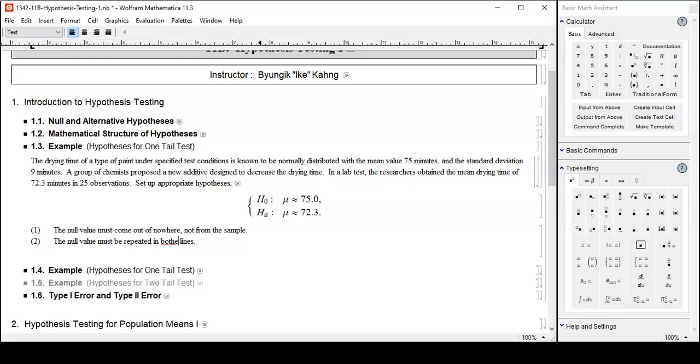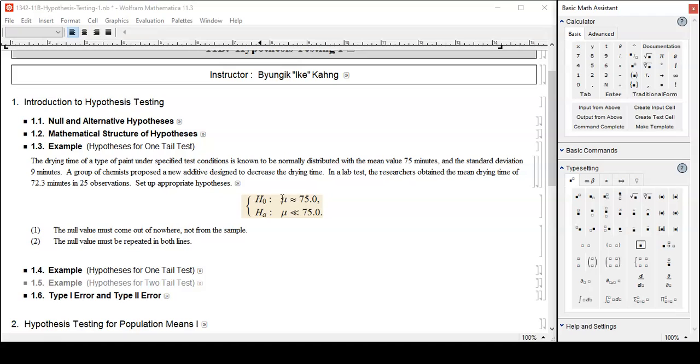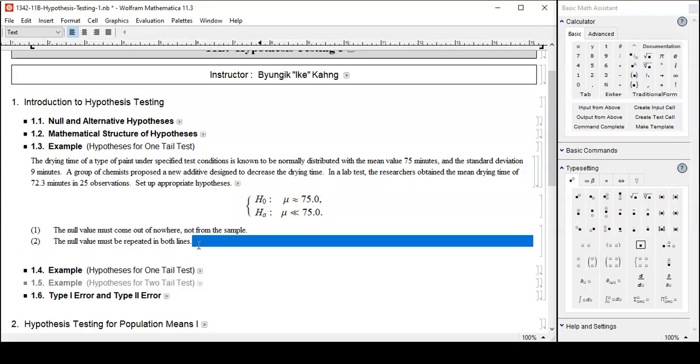The null value must be repeated in both lines. The 75.0 must be repeated. And then this should be greater or less. Well, 72.3 should be less than 75, right? So that should be the alternative hypothesis.